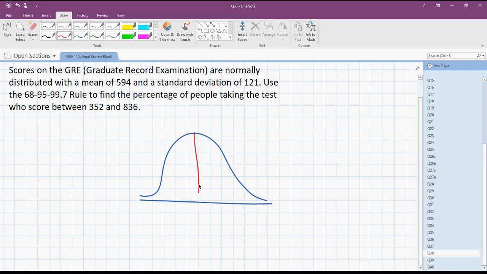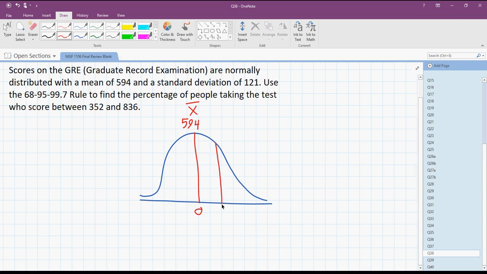Who did I tell you goes in the middle? Zero. Well, it's 0 because you're 0 standard deviations, but who's in the middle? The mean. So 594 is right here. The mean is in the middle of your normal distribution. Okay?